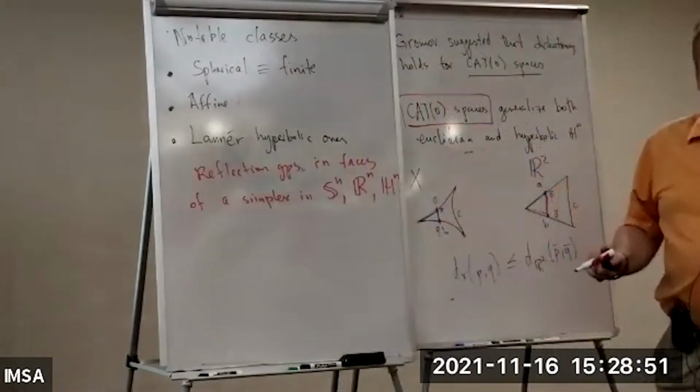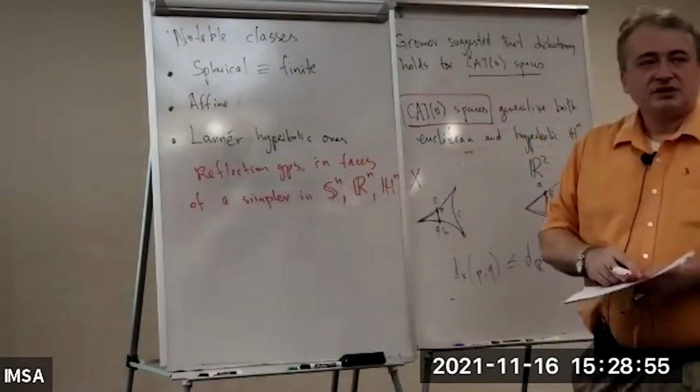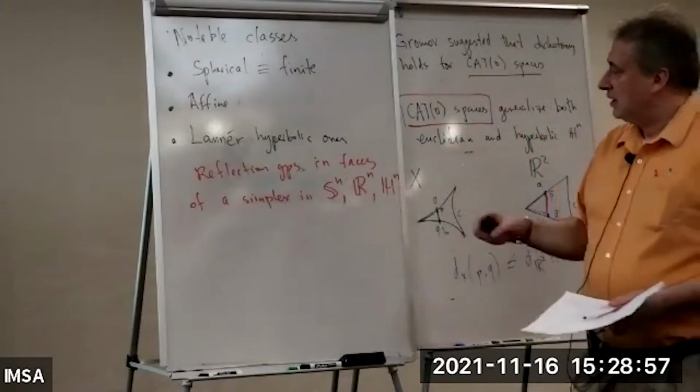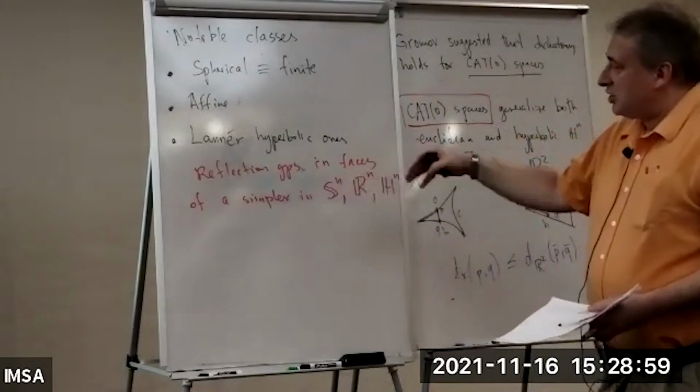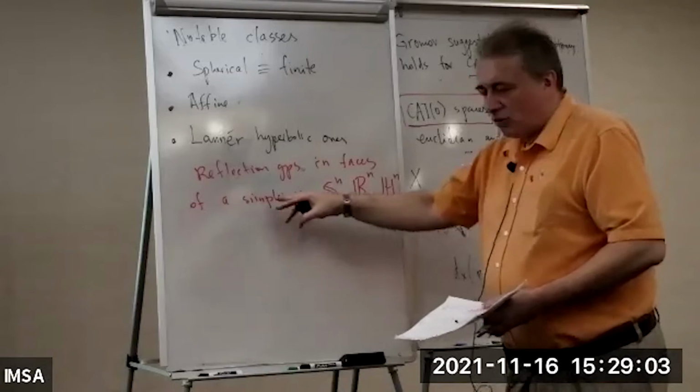So you take a simplex in each of these spaces, and the reflection group in this simplex.